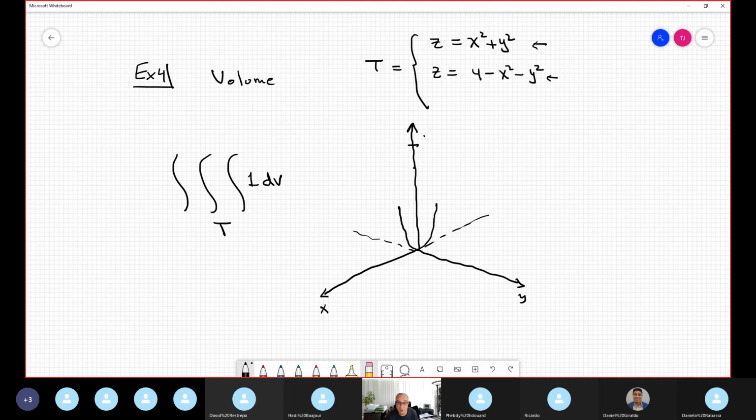Suppose here a 4 and this paraboloid opens down. So at some specific points, both paraboloids intersect. This is this equation, this surface, and this is the second, opening up. Do you see that?